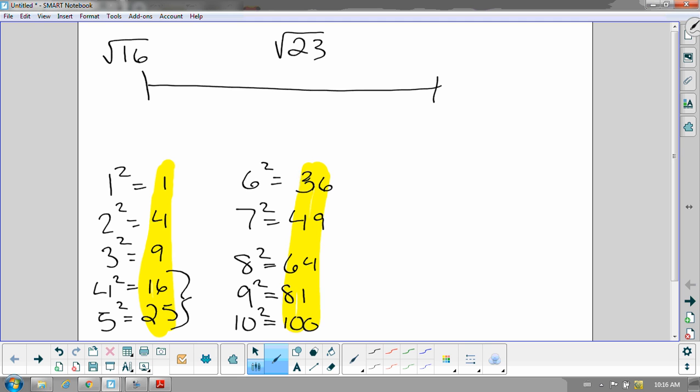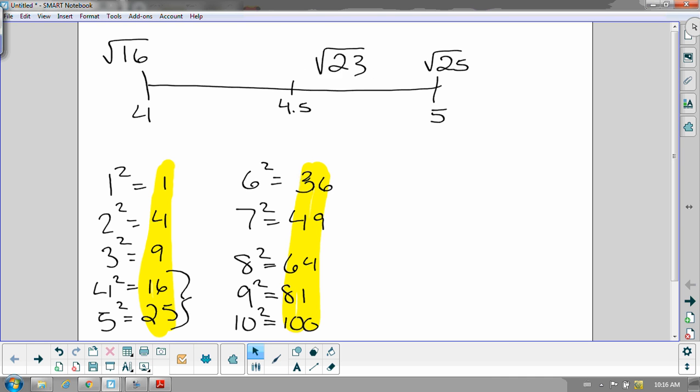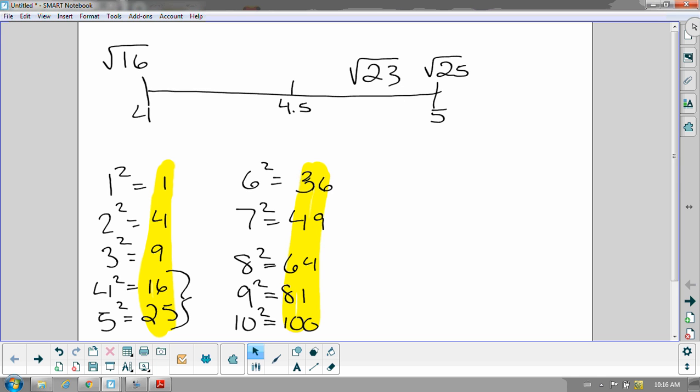Square root of 16 is smaller than 23. Square root of 25 is larger than 23. And then the square root of 16 is 4. The square root of 25 is 5. And right in the middle is 4.5. Now think, 23 is closer to 25, so it's way over on this side, pretty close to 25.